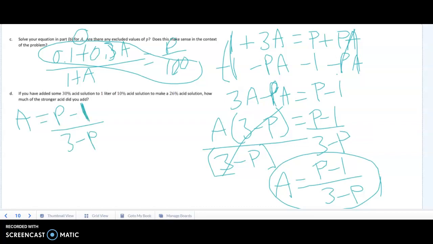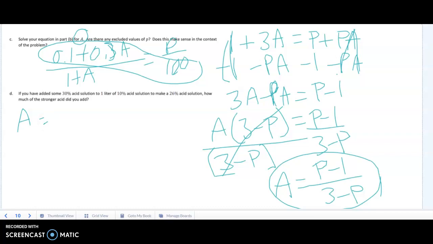Okay? We wouldn't even have to do that. Let's not do it like that. It's essentially what we're doing, but watch. A equals... Yeah, it's the same thing.